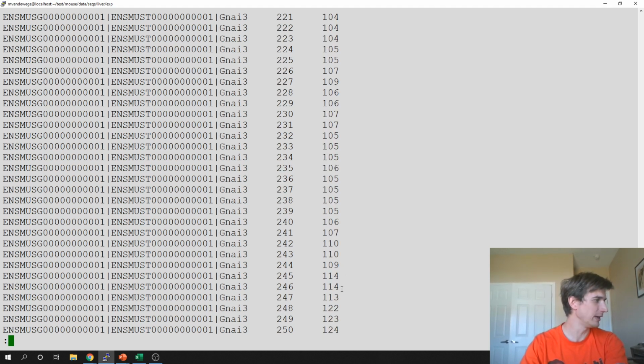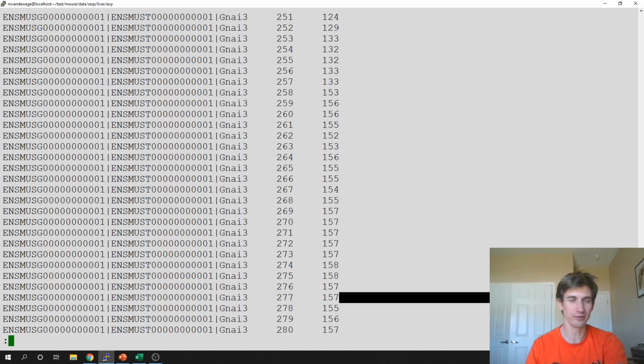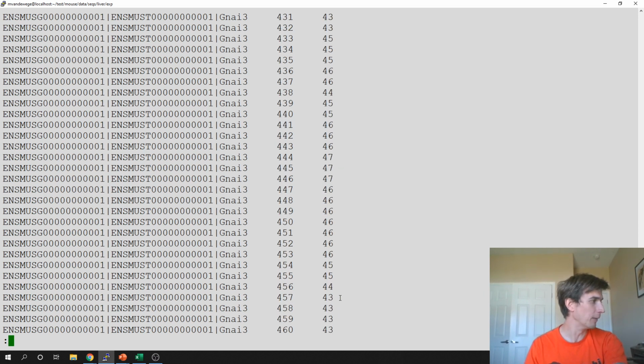In this gene it maxes out at about 157 reads at base pair 222. Usually the coverage of a gene is not uniform, even though that's what we should expect, that's not always what happens.